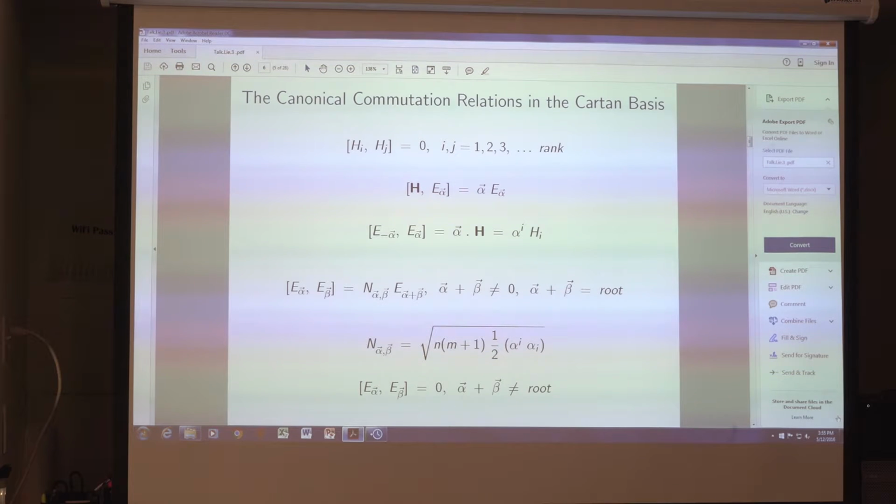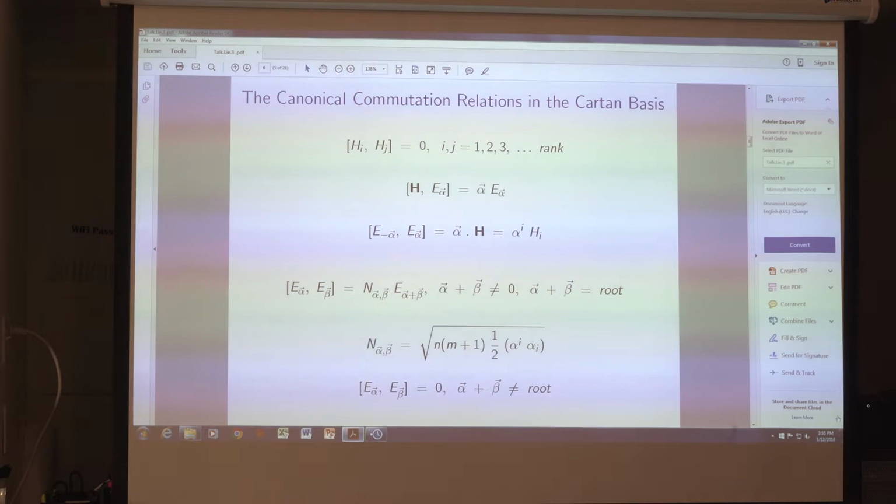For example, a particle with itself, twice the same particle, generally the sum will not be a root. An electron and an electron. So E alpha should be zero somewhere? Well, it's zero when the combination is not a root.